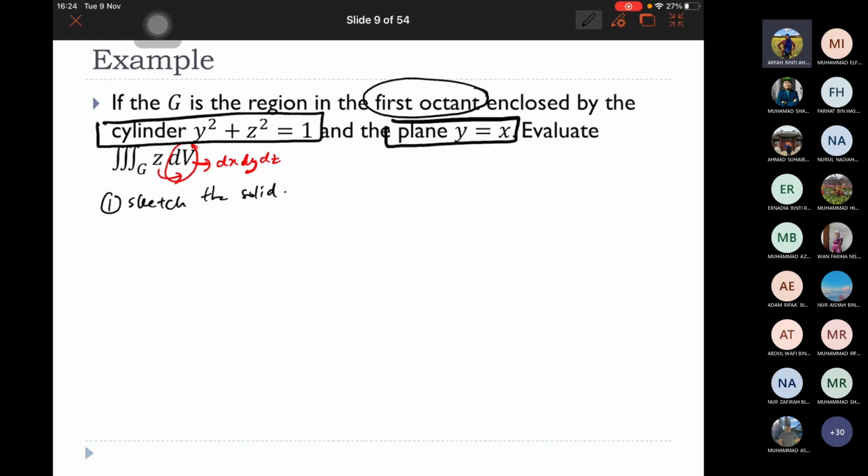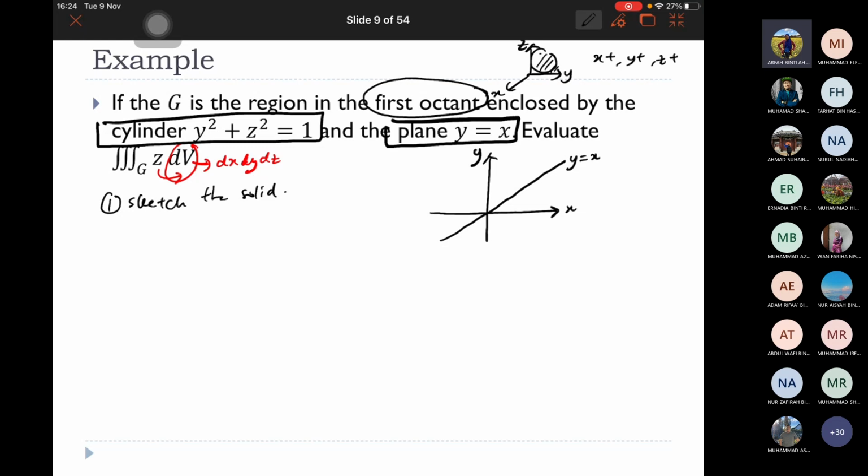So kalau tengok dekat garisan x dan juga y. Okay. Awak ada satu line y sama dengan x. Okay. And then dekat X, Y dan juga Z, dia dekat first octant. Meaning that yang X positif, Y positif dan juga Z positif. Okay. Itu terletak dekat first octant.